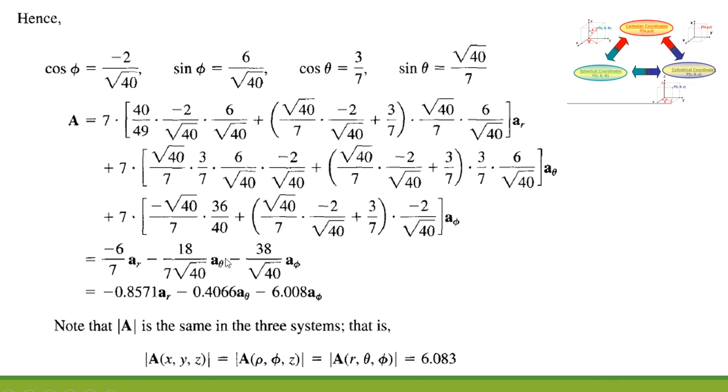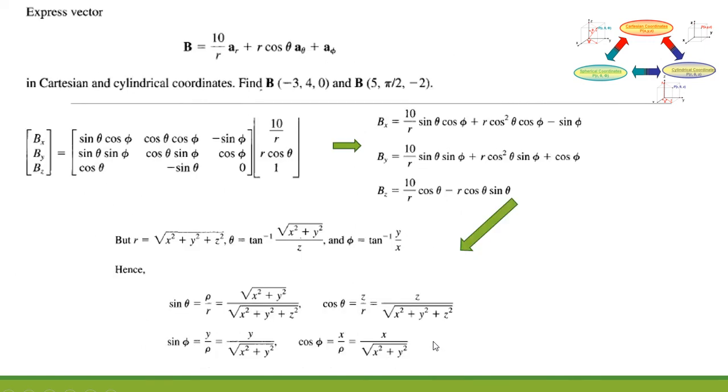If you find out the magnitude for all three equations, for Cartesian, spherical as well as cylindrical system, we get the modulus value as 6.083. That means the magnitude value remains the same for all three coordinate systems. If the magnitude remains the same for all coordinate systems, then we can say the field associated with this will be a scalar field. We can have that conclusion.